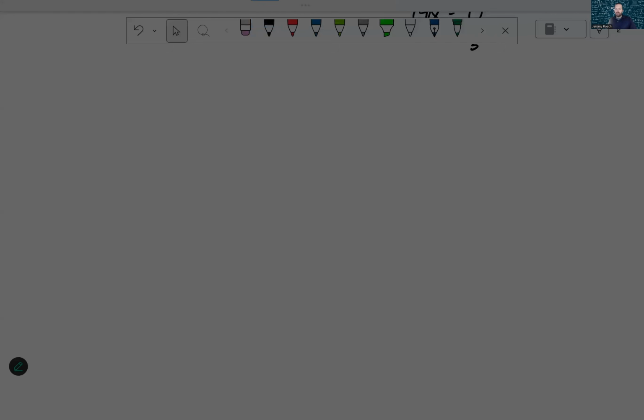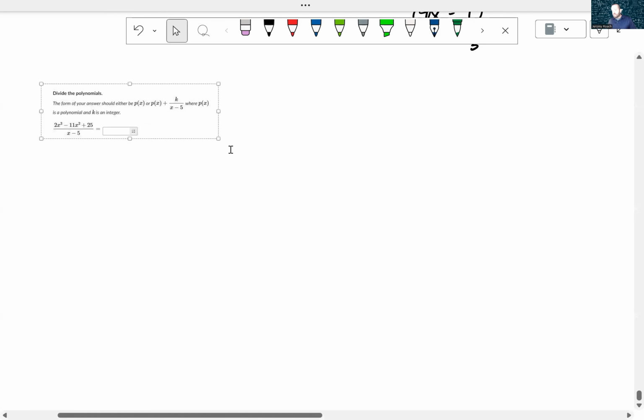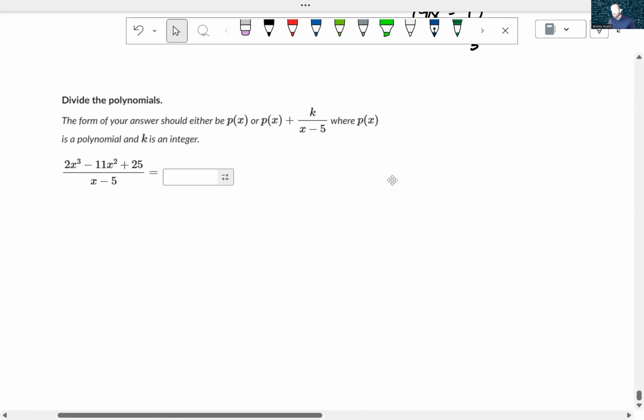But let's look at an example here where we'll use some long division, and it's going to be written as a rational expression. Just means there's a fraction line, that's a rational expression. So here, that first value is equal to 2 instead of 1.